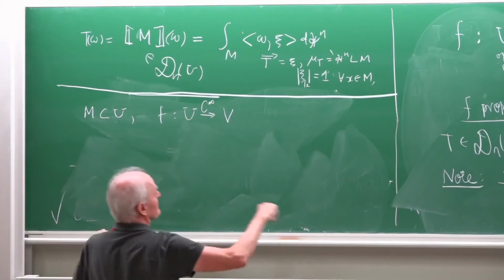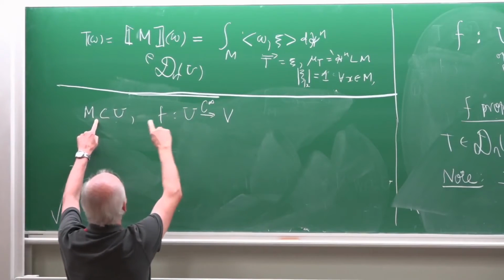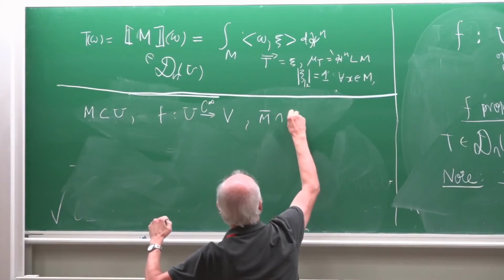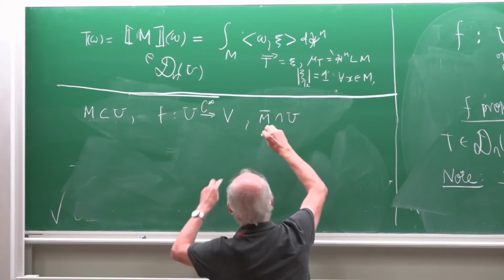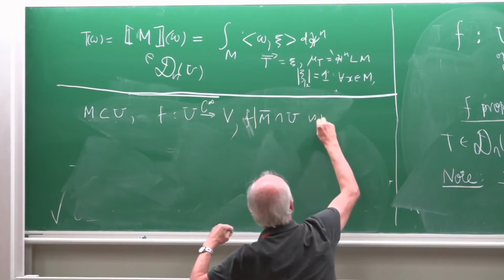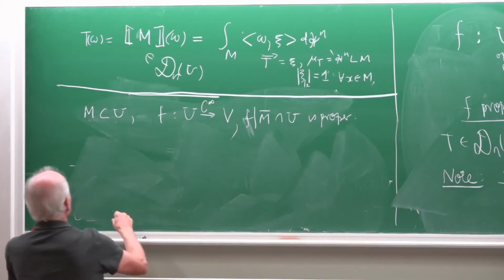The support of the current, in this case, is just the closure in M, so M bar intersect U. F restricted to M bar is proper.